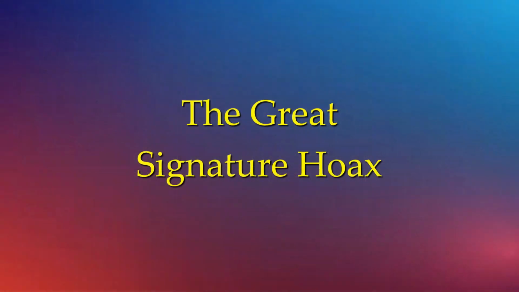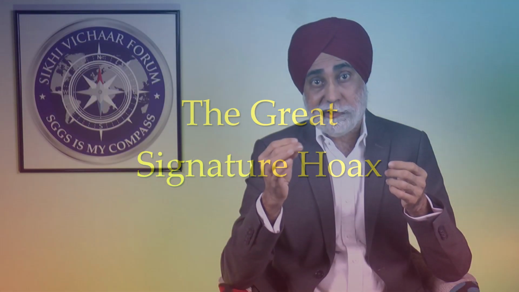One of the claims that are made within all the beads that are around, whether it's the Kartarpuri bead or the so-called Bhai Banno Wali bead, is the presence of signatures of our Gurus. We may as well call this the great signature hoax, because that is what it really is. The claim is that their beads contain the signature of Guru Arjan in the form of the opening verse in the Guru's own handwriting.